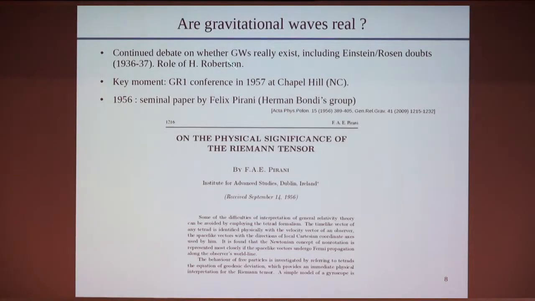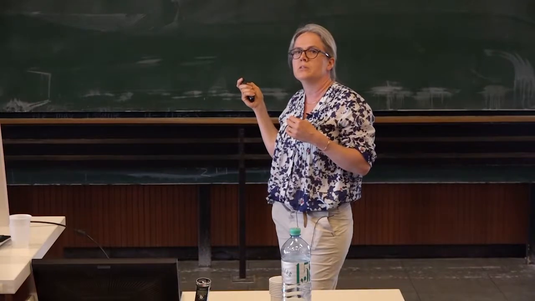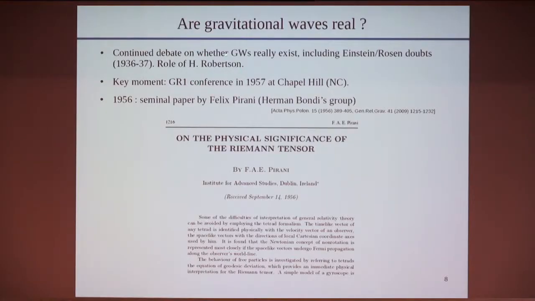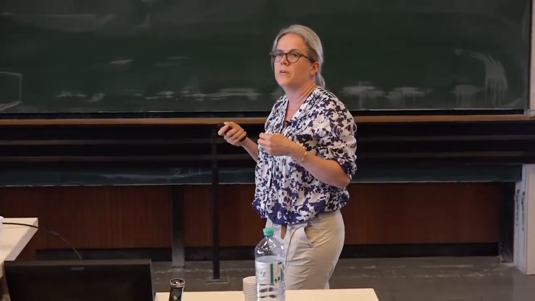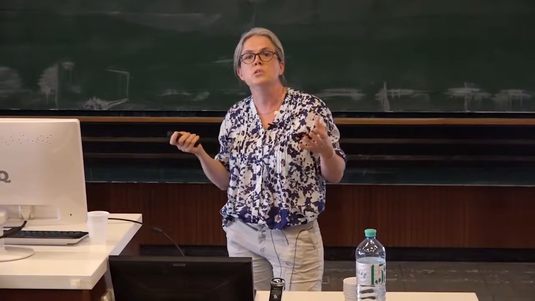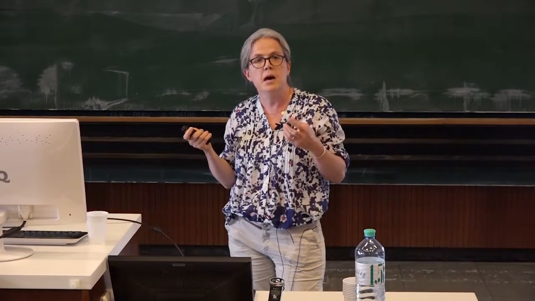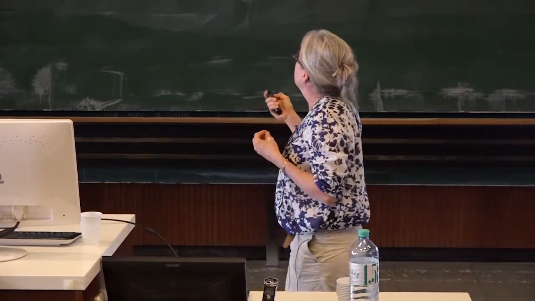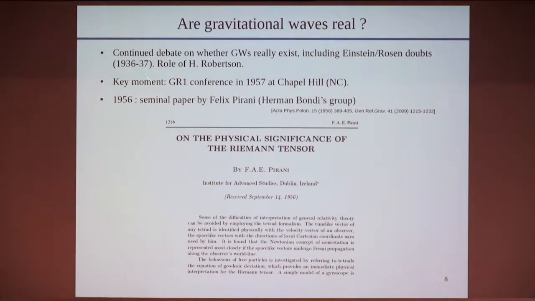But at the same time, someone like Robertson, who was the referee of the initial version of the paper that Einstein was trying to submit in Physical Review, was saying no, actually this is not true. Gravitational waves are real. But it took a really long time for the community to realize that they are indeed real, not an artifact of the theory.